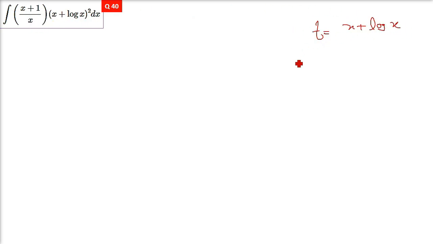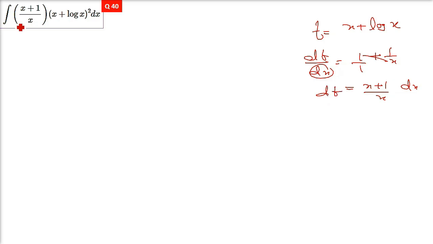So we'll take this t as x plus log x, dt by dx will be, x will be 1, log x will be 1 by x. So when you resolve this, it will be (x plus 1) divided by x, and this dx will go on the right, dt will remain like this, this whole will be dt, and x plus log x will be t square. So let me write it here. It will be dt in place of (x plus 1 by x) into dx, and then x plus log x will be t square.